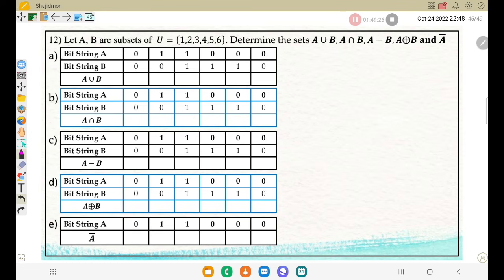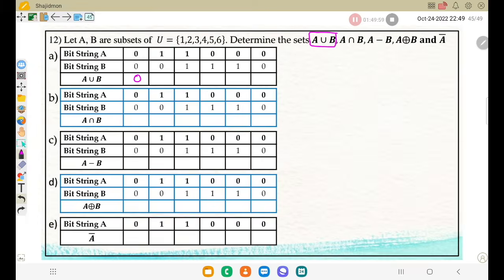For the A part, we need to find A union B. The bit string of A is given as 0, 1, 1, 0, 0, 0. The bit string of B is 0, 0, 1, 1, 1, 0. What is A union B? Union means the OR symbol, A or B, either A is 1 or B is 1. So 0 or 0 is 0.